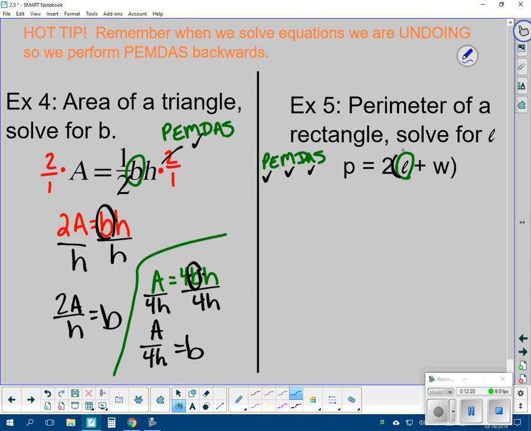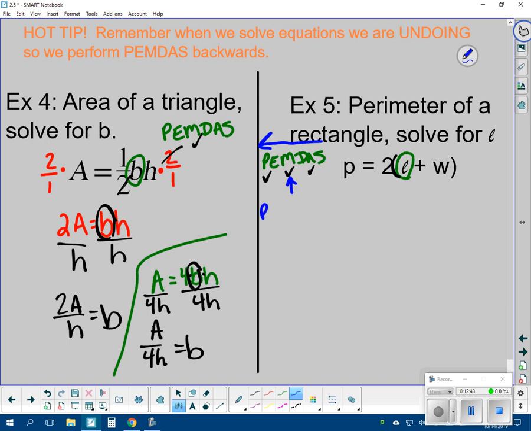Because this is grouped together, you have to undo anything before or outside of the grouping first. So outside of that grouping is the multiplication. So even though that is not the first thing when we go backwards, that's the first thing outside of the grouping.